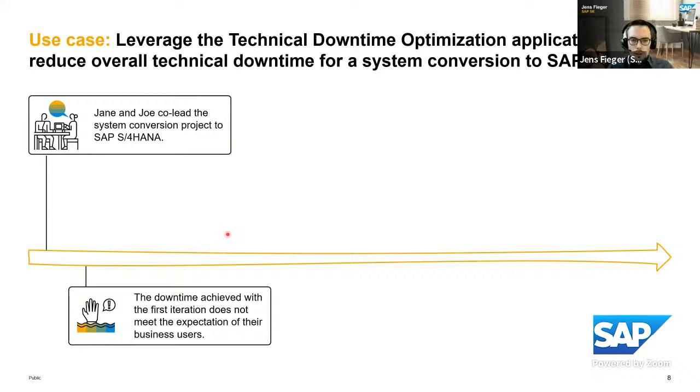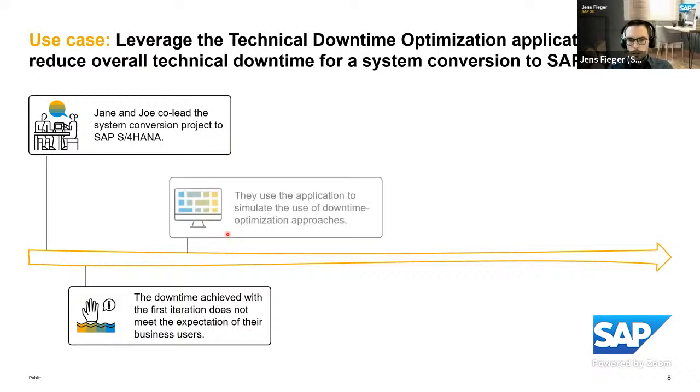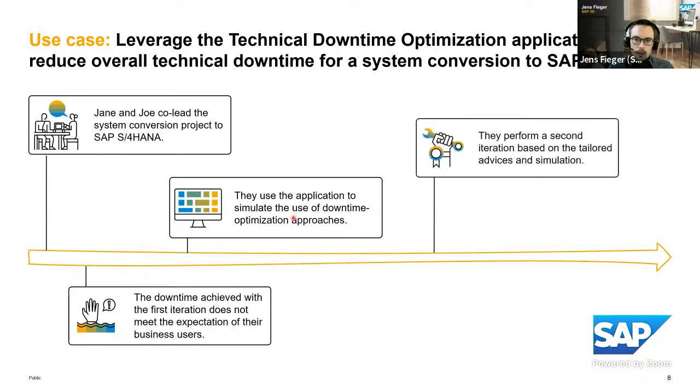They have done one standard conversion run, and they have also seen, of course, after finishing all the conversion activities, that the downtime does not fit into what the business requests from the project team. So they eventually use the downtime optimization application in order to identify potential candidates to save downtime.